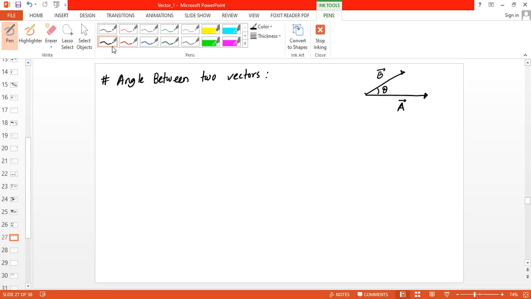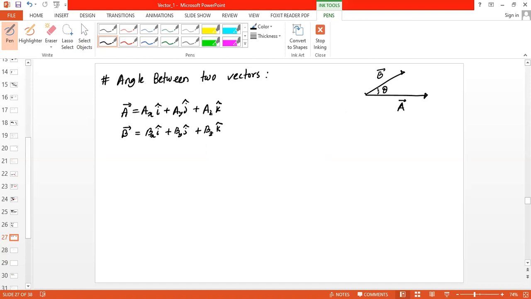And by the way, let's say we know that A in unit vector notation is A equal to axi plus ayj plus azk, whereas B equal to bxi plus byj plus bzk. Okay, so these are the two vectors.